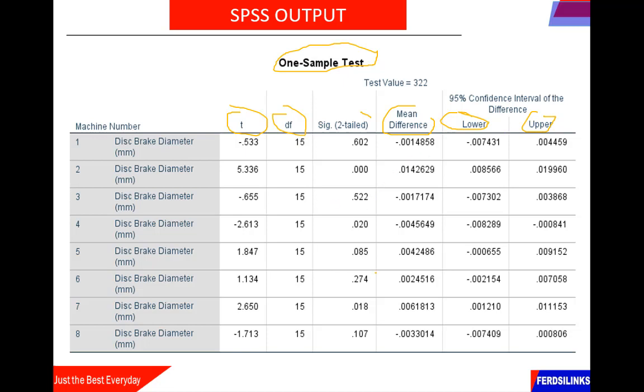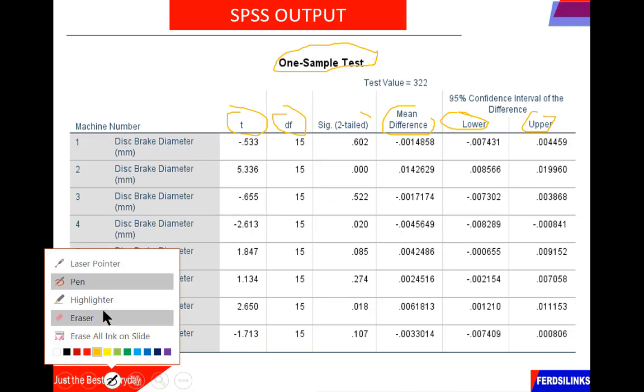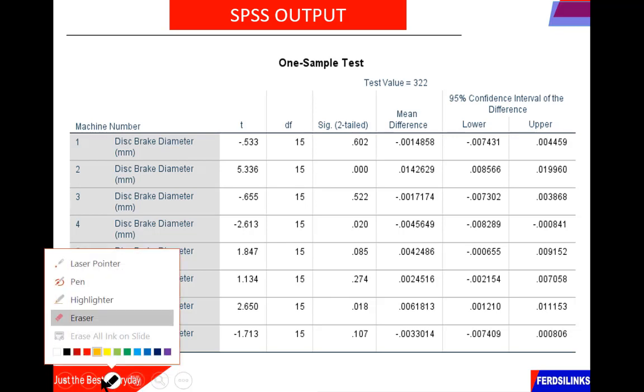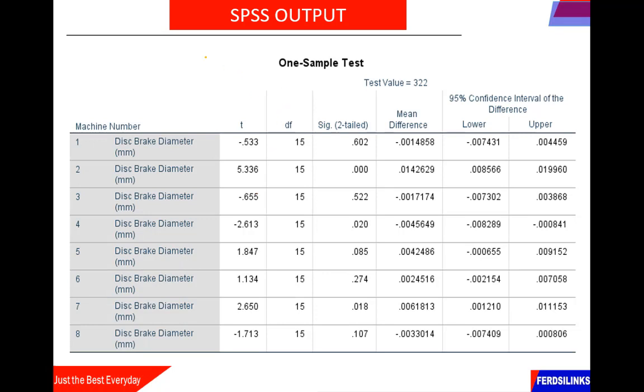Now, as we want to go deeper, I want to ensure that you understand some key things. With SPSS output, there's a possibility for you to conclude whether your test is significant or not using 3 possible options. The first option is using the t value, which is the test value.